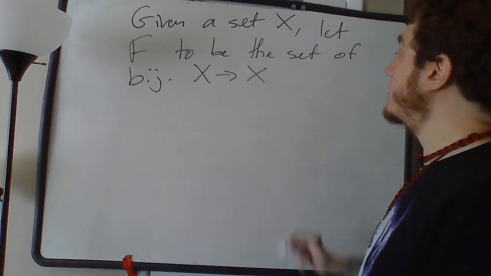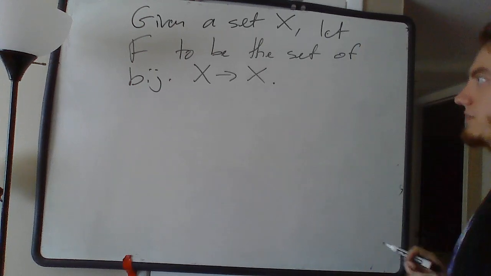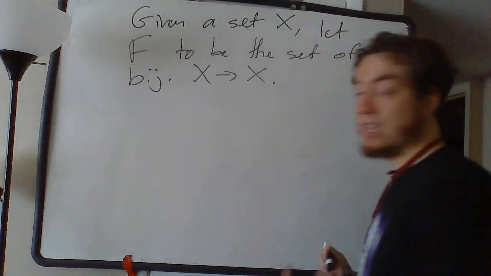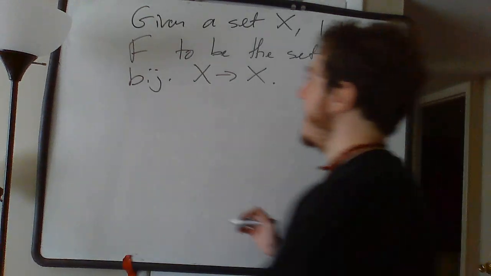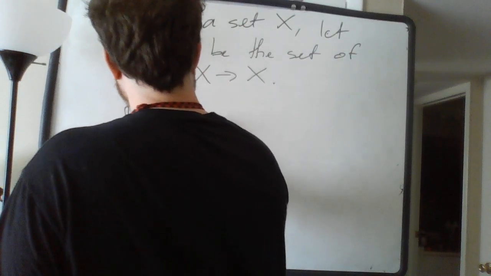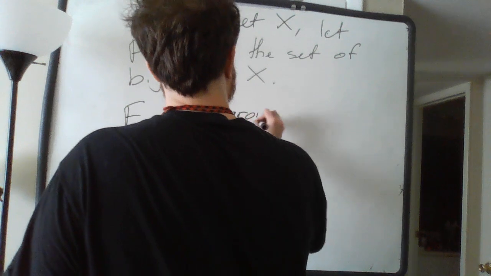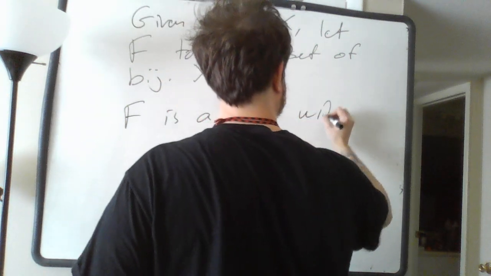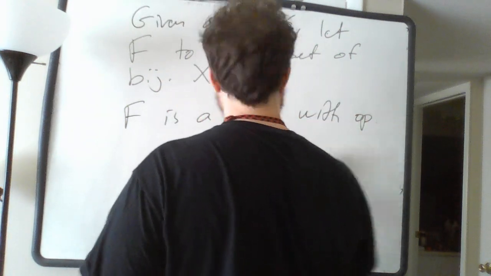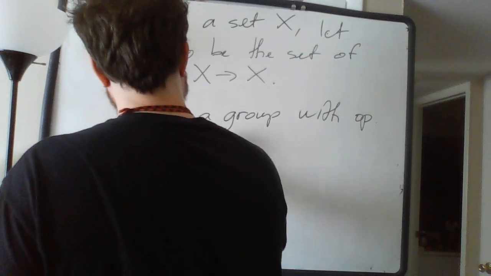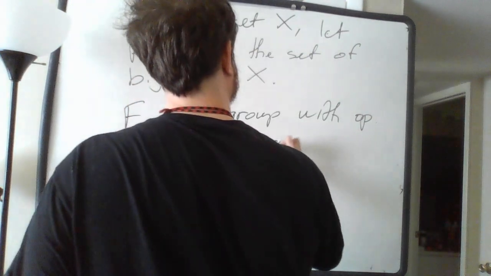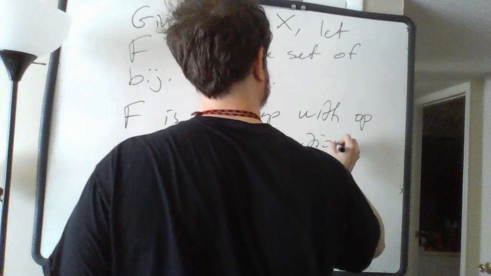Now there's a few things to notice about this, but the main thing that I want to point out here is that F is a group with the operation given by composition.